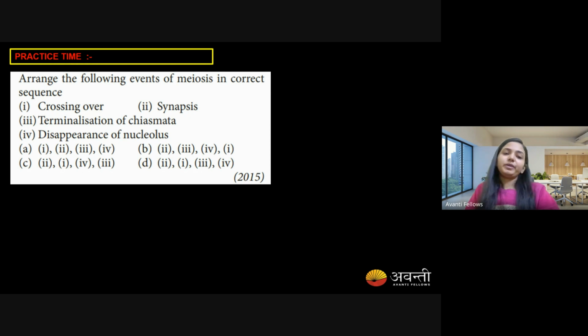Harshida is saying B, so I guess that should be from the previous question. The first should be crossing over, disappearance of nuclear envelope. Obviously, first should be synapsis.